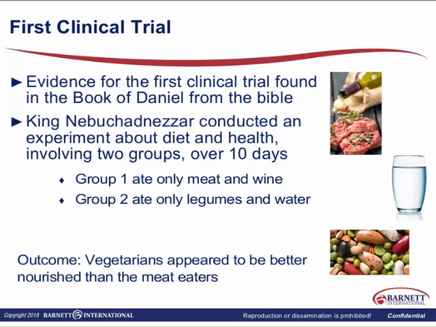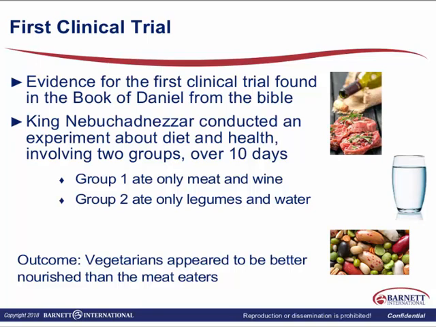He believed that this particular diet would be beneficial. However, some of the young men of royal blood who preferred to eat vegetables objected. And so the king allowed these individuals to eat a diet of legumes and water, but only for 10 days. And he also said to another group, you go ahead and eat your traditional meal that we've been providing you, which is of meat and wine.